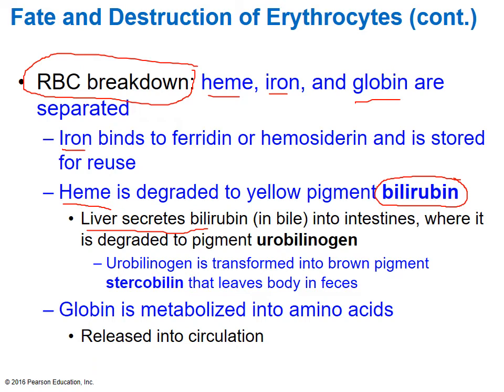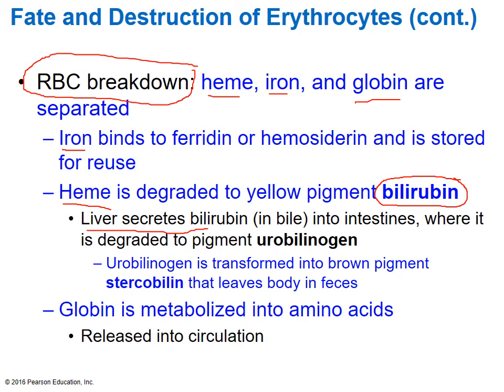As the bile is being released along with the bilirubin yellow pigment, it will travel through the intestines where it will eventually start interacting with the other components within your large intestines, and the pigment will be broken down into what we like to call urobilinogen.